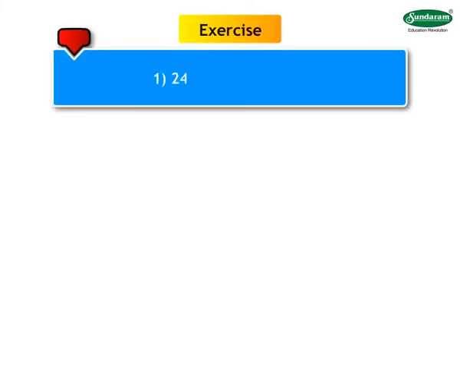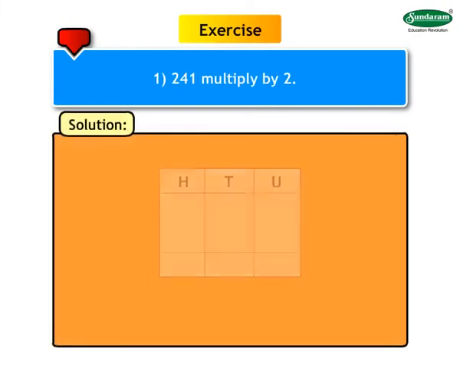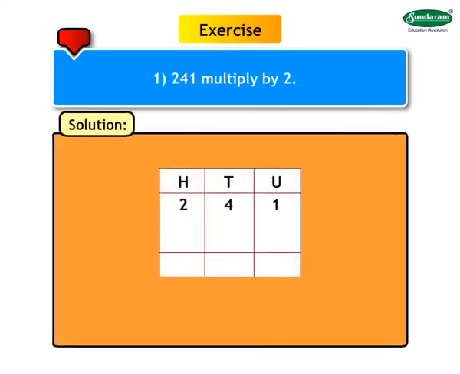1. 241 multiplied by 2. First multiply the units digit 1 by 2. Write the product 2 in the units place of the product. Then multiply the tens digit 4 by 2. Write the product 8 in the tens place of the product.